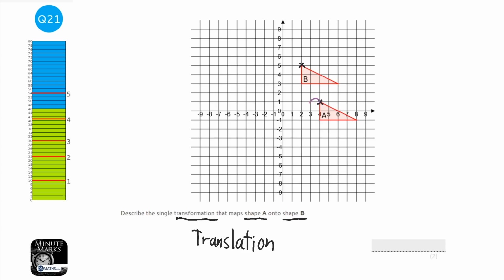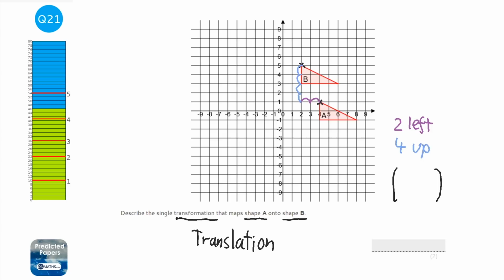So 1, 2. I need to go 2 left. And how much up do we have to go? So 1 jump, 2, 3, 4. So 4 up.